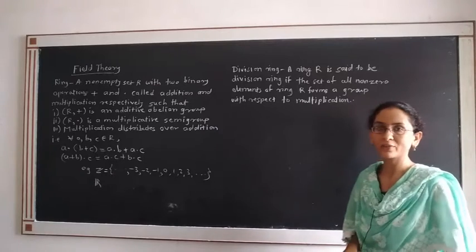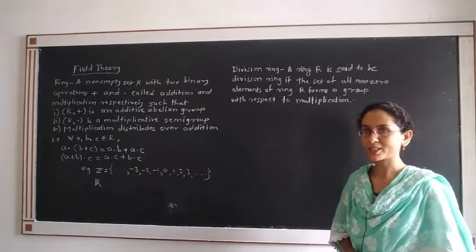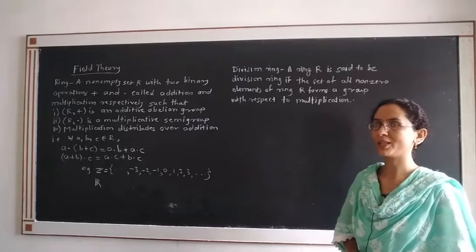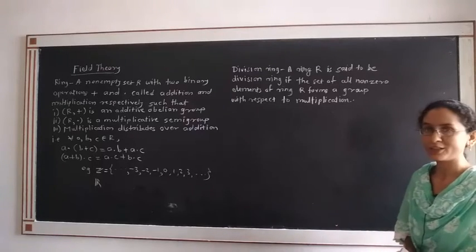So a ring is said to be a division ring if the set of all non-zero elements of the ring R forms a group under multiplication. And let us go towards the definition of field.